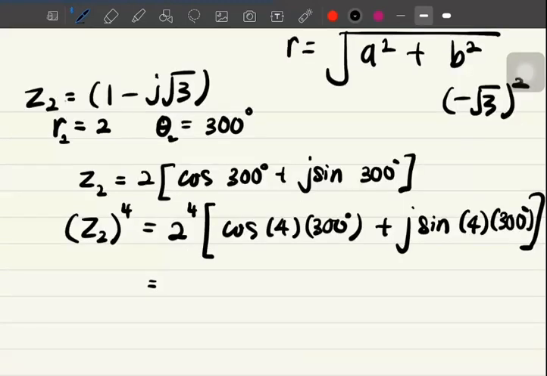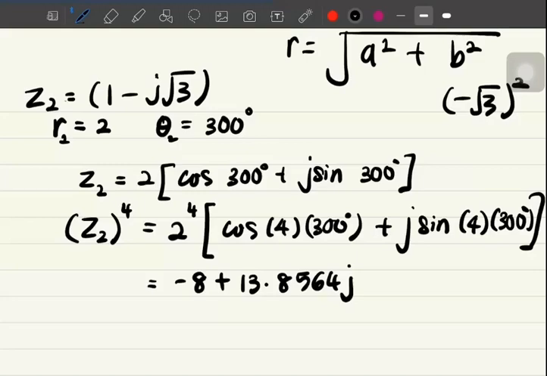Awak patut dapat jawapan dia adalah negatif 8 tambah 13.8564 j. Okay. Selalunya kena berapa titik perpuluhan, selalunya kita guna 4 titik perpuluhan. Kecuali kalau soalan tu tetapkan lain, so you ikutlah soalan. Okay. Tapi normal practice we are using 4 decimal places.